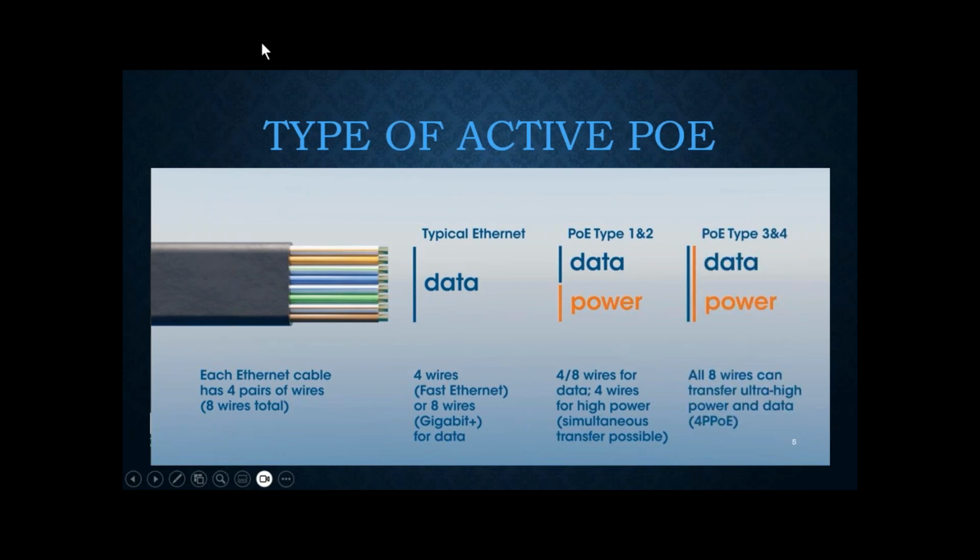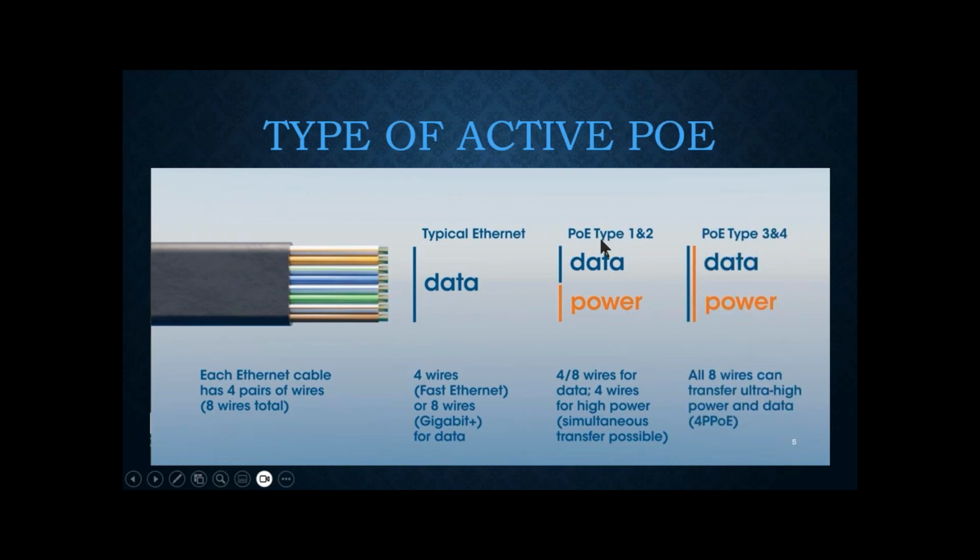So let's go deeper into it. What are the different types of active PoE? Each Ethernet cable has 4 pairs of wires, 8 wires in total. For typical Ethernet data, 4 wires are used for Fast Ethernet, that is 100 megabits per second, and 8 wires are used for gigabit transmissions or gigabit plus, which is more than 1000 megabits per second.